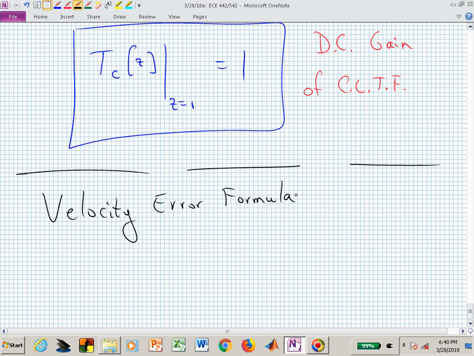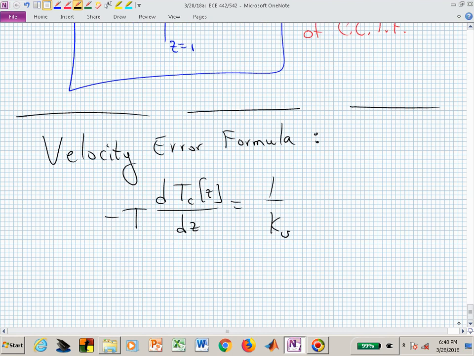But now we would have minus T d T sub c of z dz equaling 1 over k sub v, the velocity error constant. If we make that really big, then the error is going to be small.